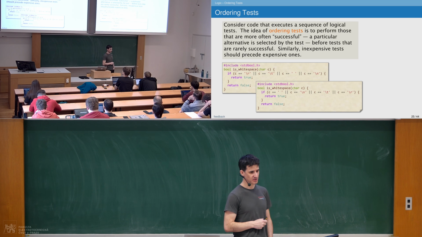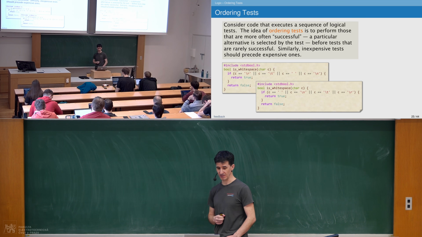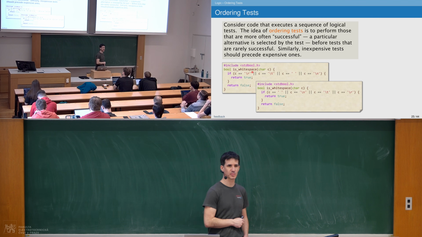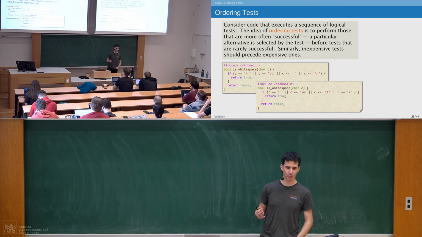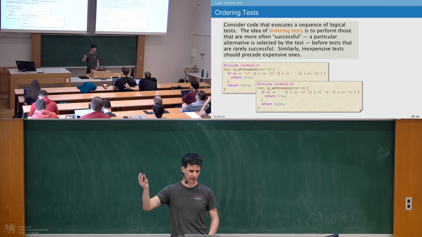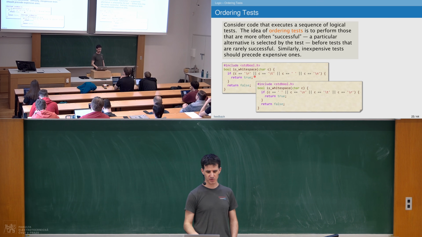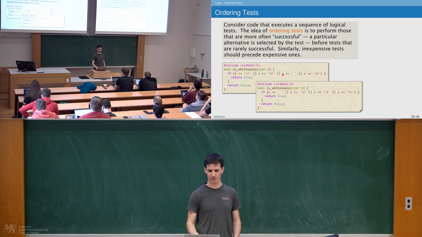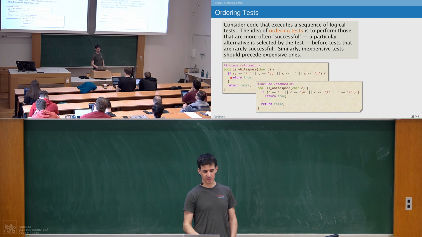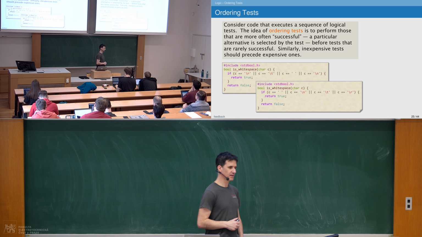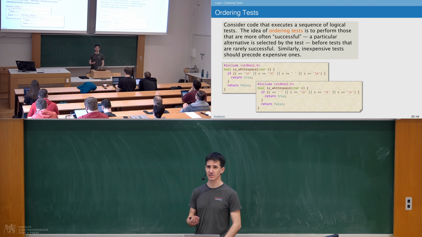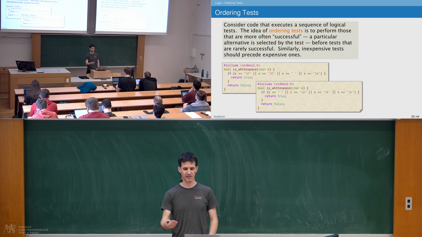Ordering tests. This is a typical thing. There is an implementation of a function is white space. Many times whenever you process text, you go through some characters and you check whether the character is white space, like a carriage return, tabulator, space, or new line. If you do it like this, it would definitely work, but you can take advantage of knowing that the frequency of certain characters in the text is different from the frequency of another.